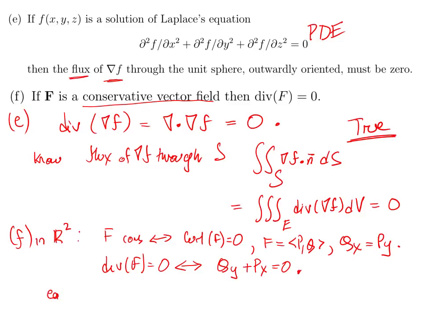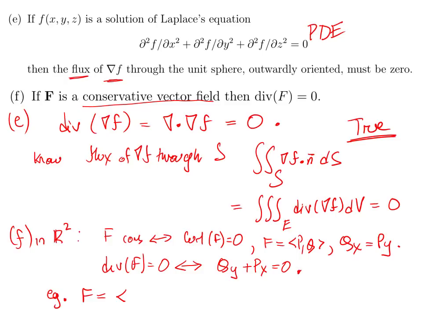So let's look at F equal to the vector field where Qx equals Py. So let's see, well, maybe the simplest thing is just to make both Qx and Py 0.